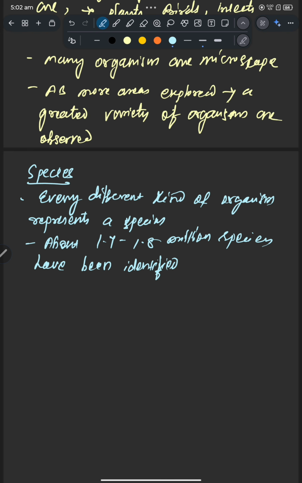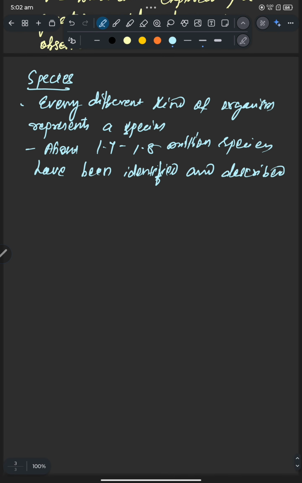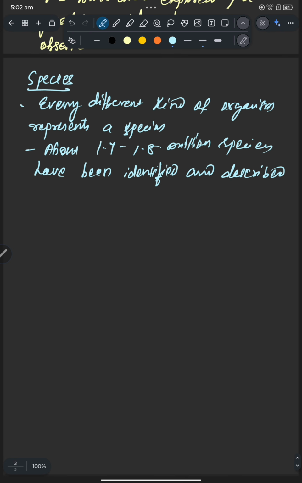Not only identified, they are also described, means their features are described. So this is according to the data given in your NCERT textbook.